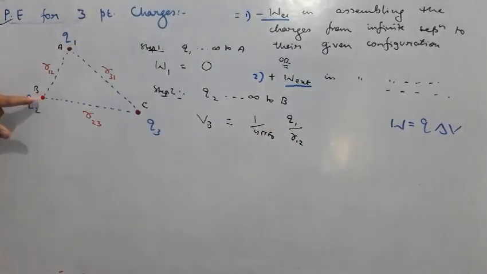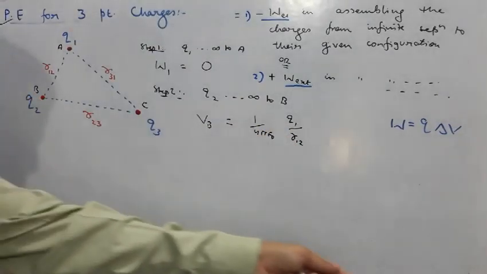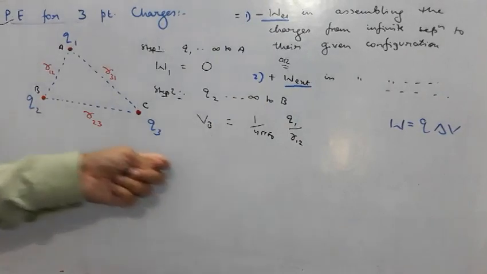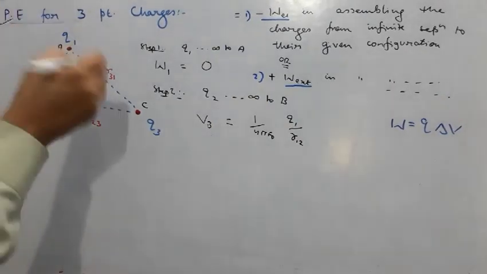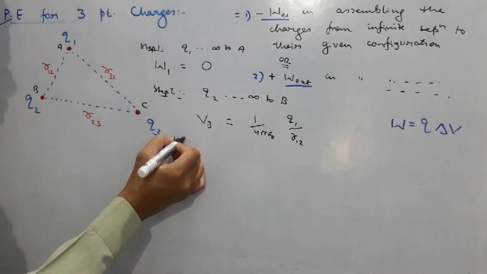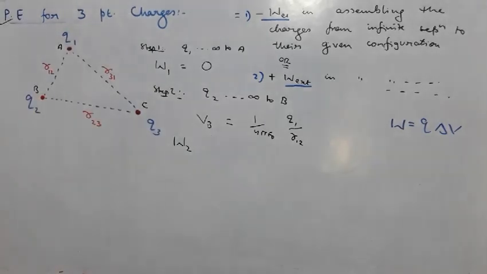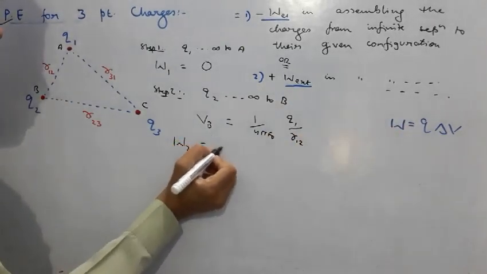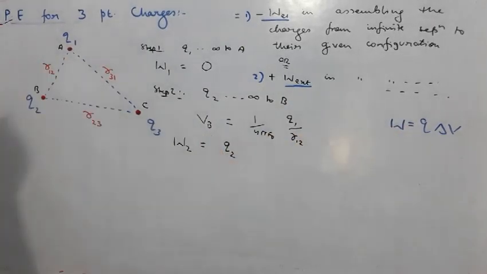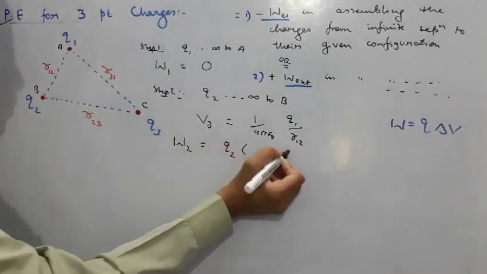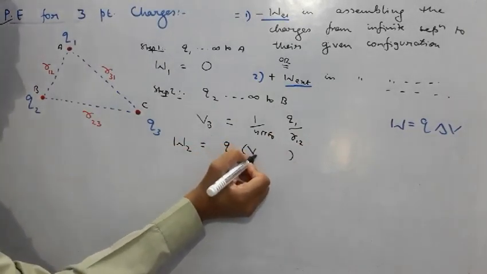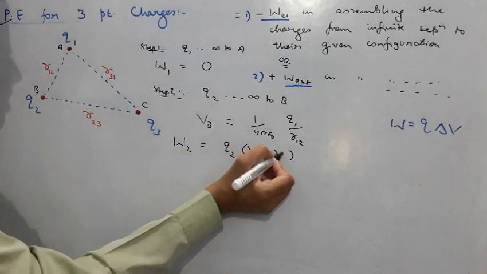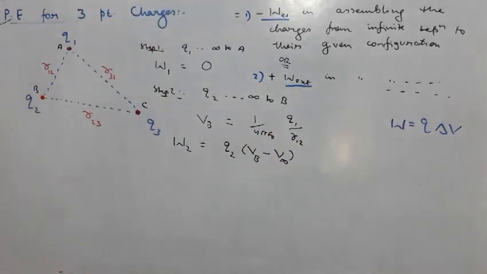Since there is some potential at point B, if we bring Q2 from infinity to this point, we need to do some work. The external work done by the external agent in bringing charge Q2 from infinity to this point will be given by the product of that charge into potential difference. Now potential at final point, that is B, minus potential initially, that is at infinity.